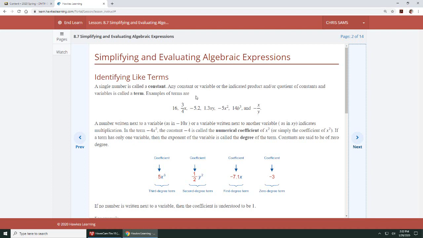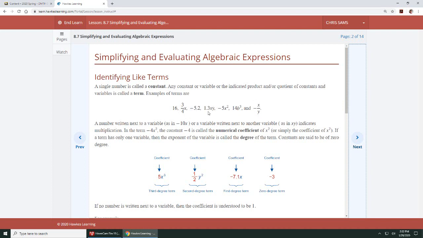if I divide a constant with a variable, or divide a variable with a variable, all of these, that's what this statement right here is saying, are called terms, and they give you some examples. Okay, so it could just be a constant like 16, and then separated with a comma, you have 3/4 times x. So you got a number being multiplied times a variable. That is a term. Okay, and then they show you a negative number with a decimal as a term.